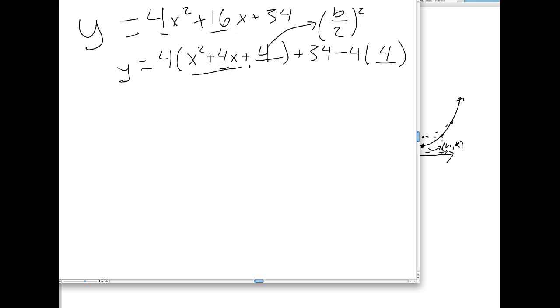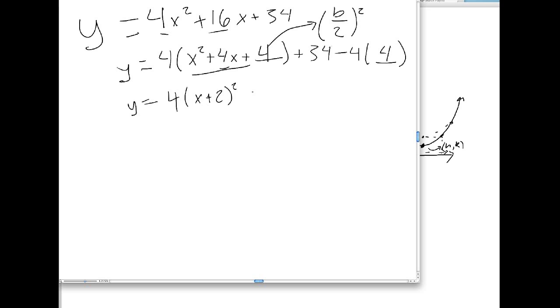So if I factor this, that gives me y equals 4 times (x plus 2) quantity squared. And then 34 minus 16 gives me plus 18.